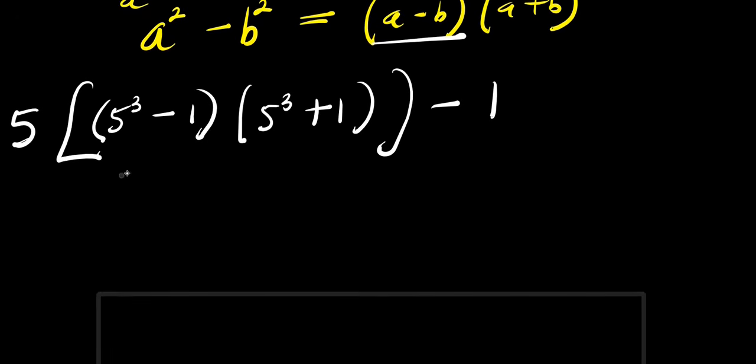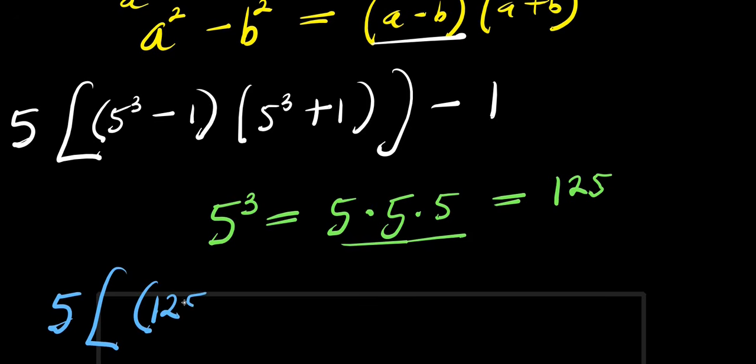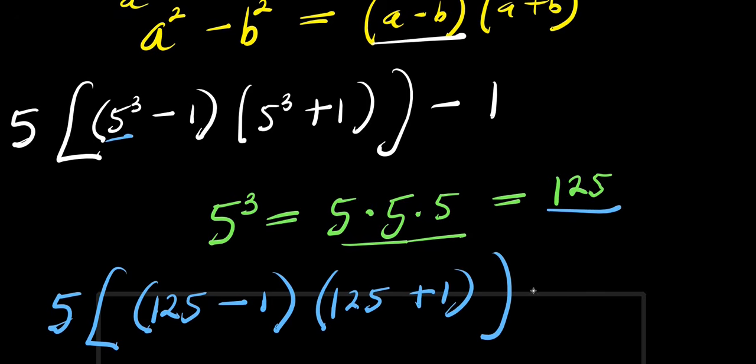Now, the next thing we need to do is to find the value of 5 power 3. This equals 5 times 5 times 5, and this equals 125. 5 times 5, 25, 25 times 5 is 125. So what I'm going to have is 5 times, instead of writing 5 power 3, I have 125 minus 1 times 125 plus 1, and this is minus 1.